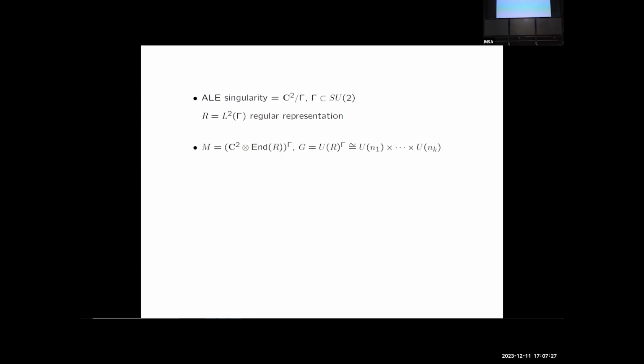So this is how it goes. If you start with the ALE singularity, and you take a finite group gamma, and you look at the L2 functions on gamma, that's the regular representation. Then you look at the endomorphisms of this finite dimensional Hilbert space.